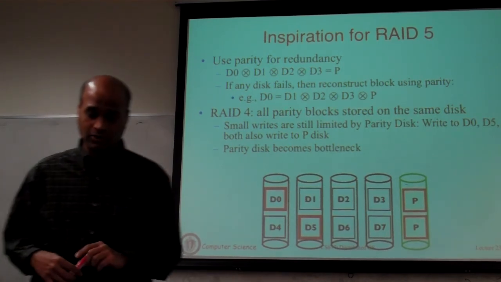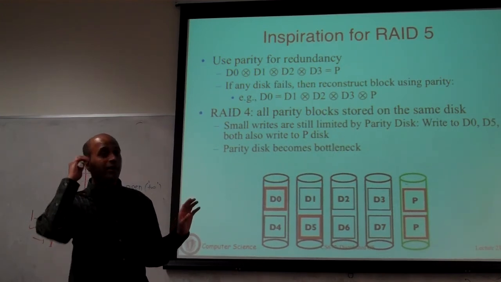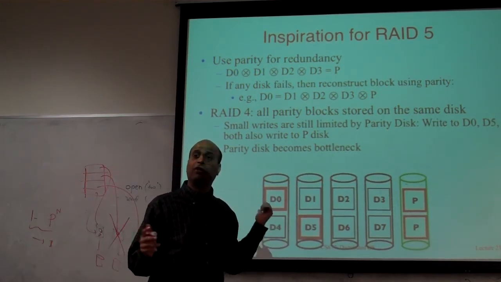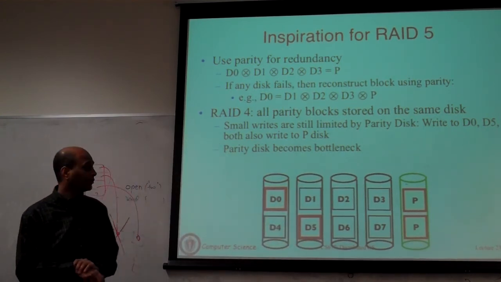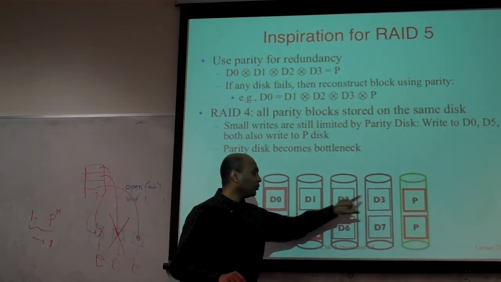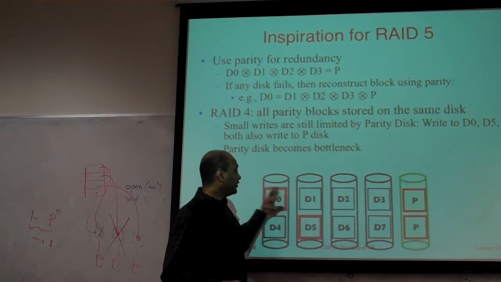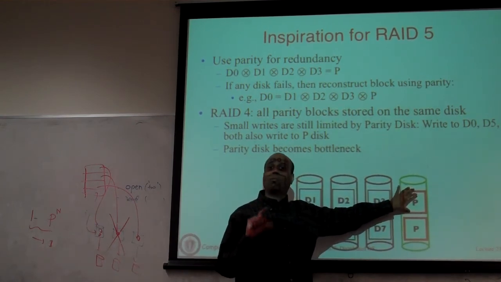In RAID 5, you use some redundancy, but not the same level of redundancy as in mirroring. You use what are called parity blocks. If there are some number of blocks, D0, D1, D2 and D3, stored on these 4 disks, you take these blocks and compute some extra information referred to as the parity block.